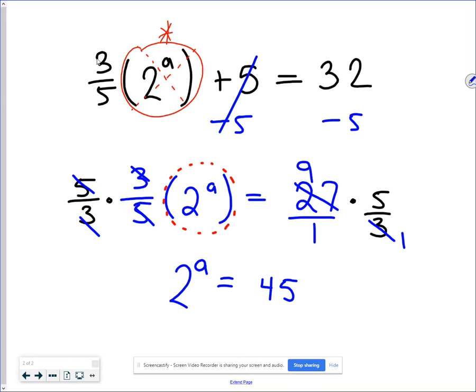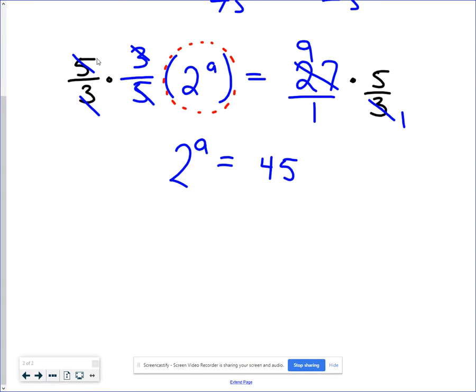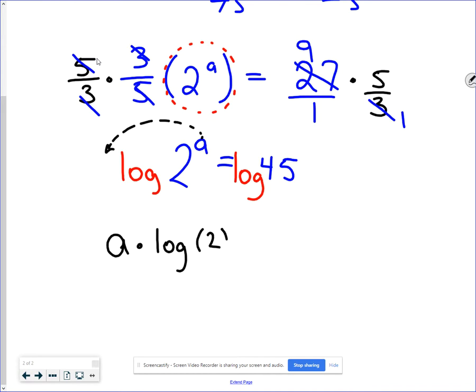Now we can either do the log or natural log on both sides. I'm just going to do the log. It doesn't matter which one you use on this problem. Then we can take my exponent, the a, and move it to the front. So now I got a times the log of 2 is equal to the log of 45.